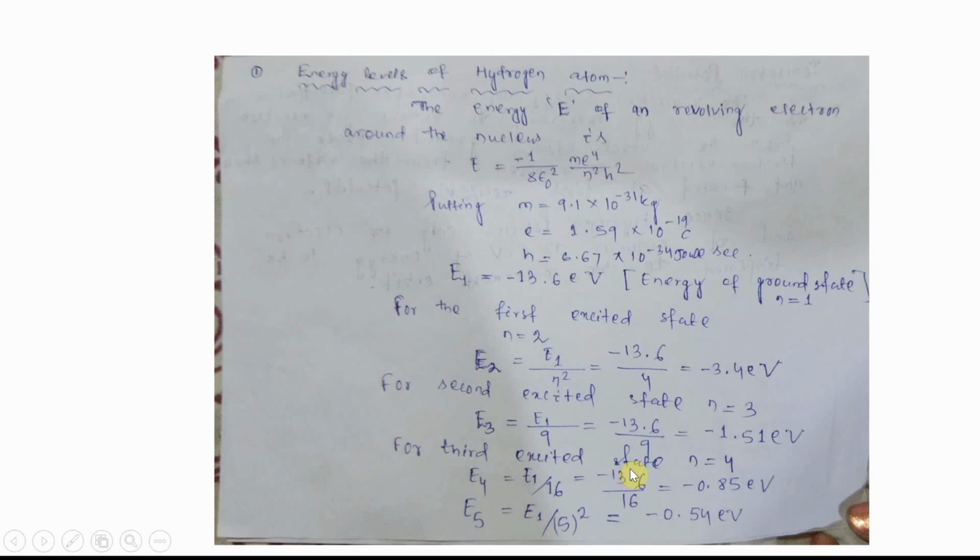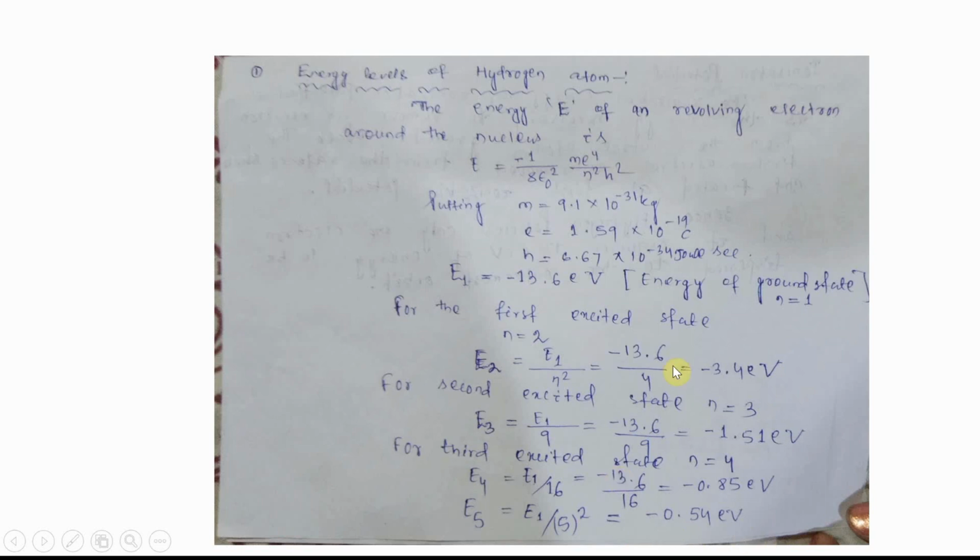And for the third excited state, that is n equal to 4, putting the value, E4 equal to E1 by n square, 4 square is 16. So minus 13.6 divided by 16 equal to minus 0.85 eV, and E5 equal to E1 by 5 square, that means minus 13.6 divided by 25, minus 0.54 eV.